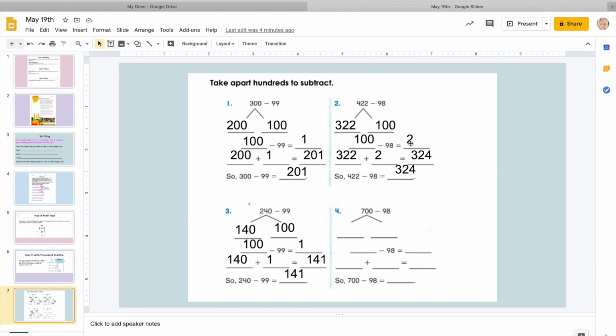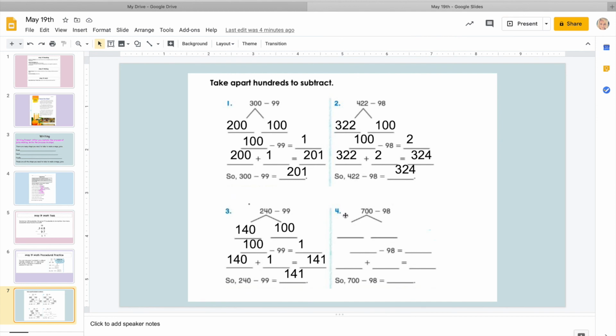And now we're going to take the 2 and plug it in here, and we are going to add that to what was left of the 422 after we decomposed it. So we have 322 plus 2, which gives us 324. So that lets us know that 422 minus 98 is 324.